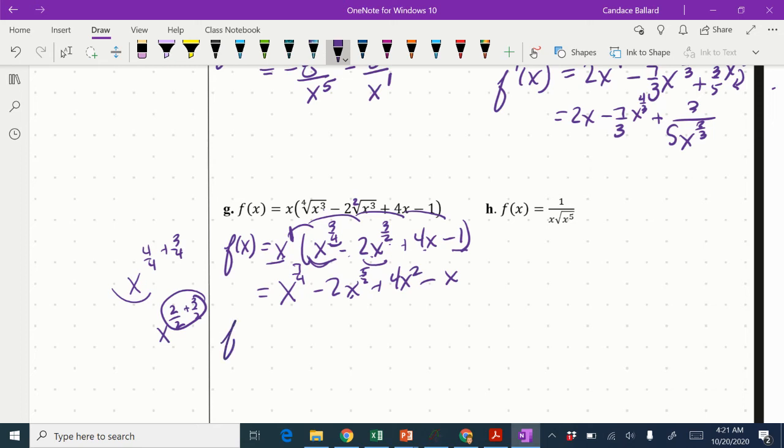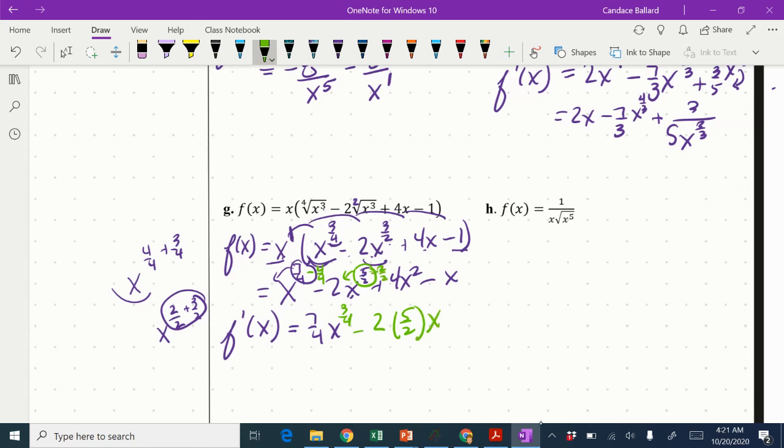I'm going to go ahead now and take the derivative using my derivative notation. Bring the 7 fourths to the front. So 7 fourths x, I'm subtracting 1. So that would be minus 4 fourths, which would be 3 fourths. And then I'm going to bring this guy in front. So I've got negative 2 times 5 halves x.